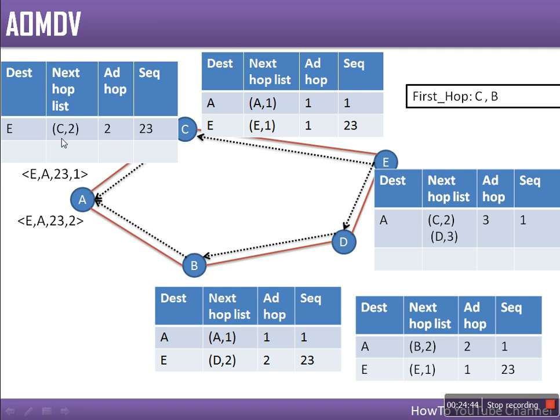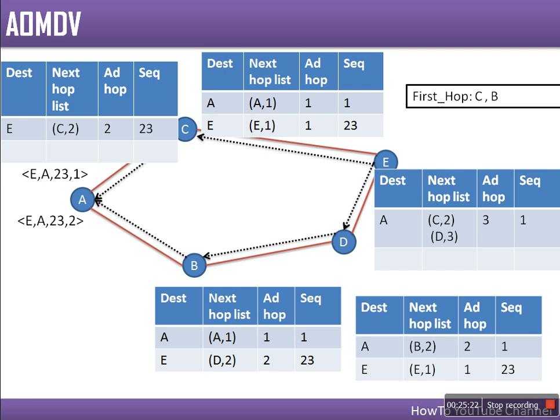So the rule is that whenever a node receives multiple route reply packets with the same sequence number, the route reply which provides a shorter path will be entertained. And now there is one more case. If a node is receiving multiple route reply packets, and the first route reply packet provides a shorter path, but the second route reply packet has a higher sequence number, then every time a node receives a higher sequence number, only that packet will be entertained, and all other packets will be discarded.